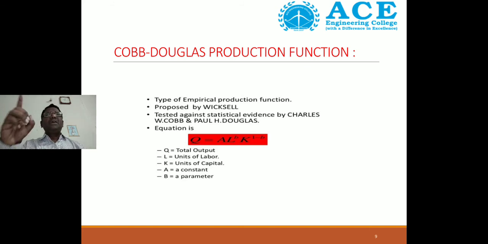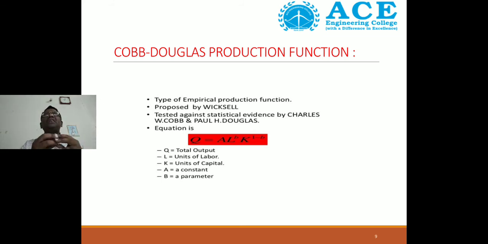The first one is the Cobb-Douglas production function. It is a type of empirical production function. What is the meaning of empirical? Empirical means collection of data. On the basis of the collection of data, we analyze and estimate the production function.